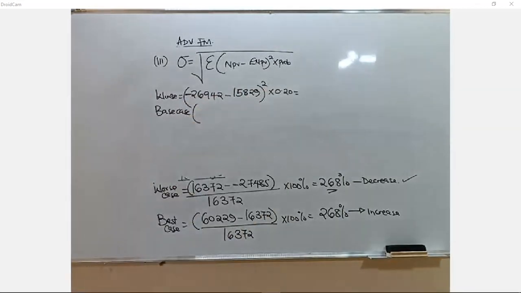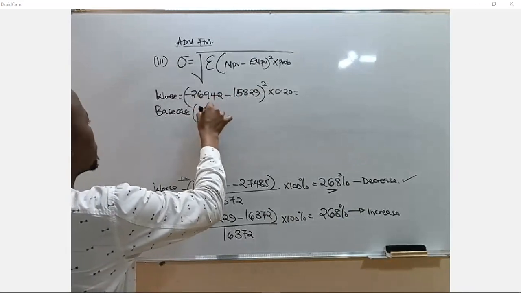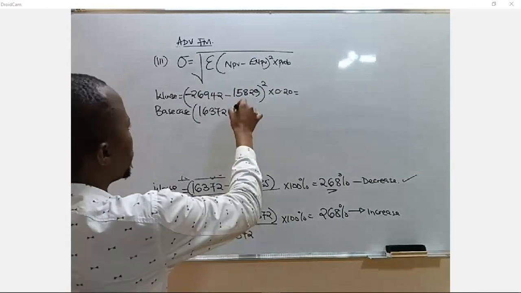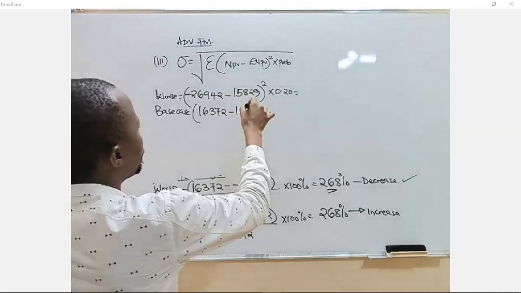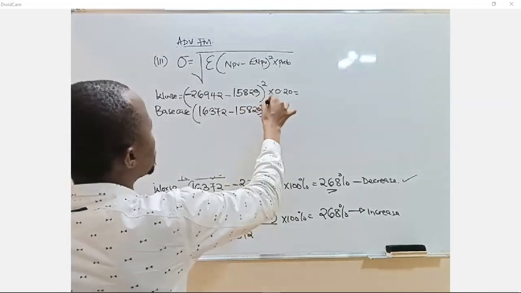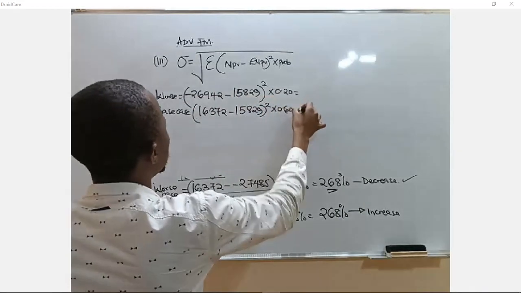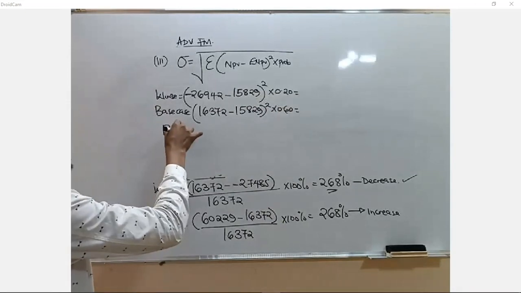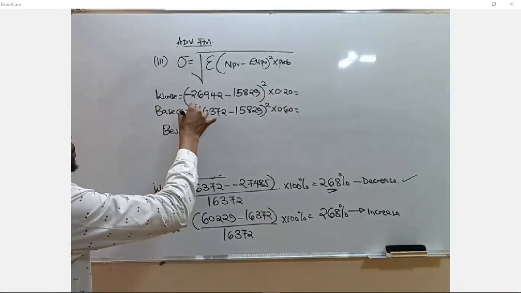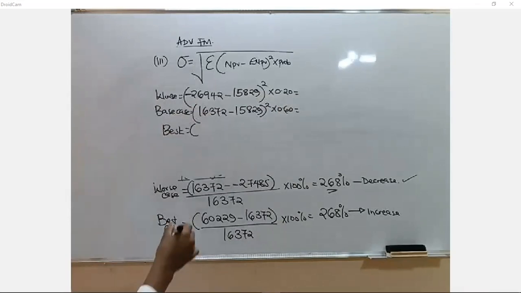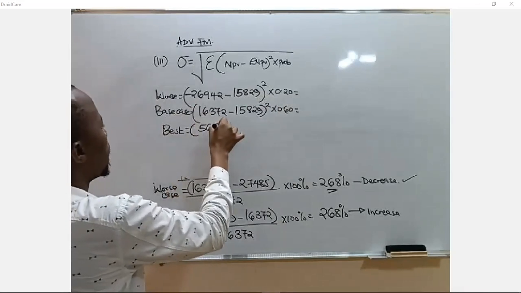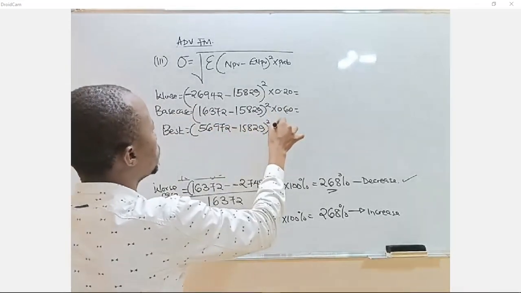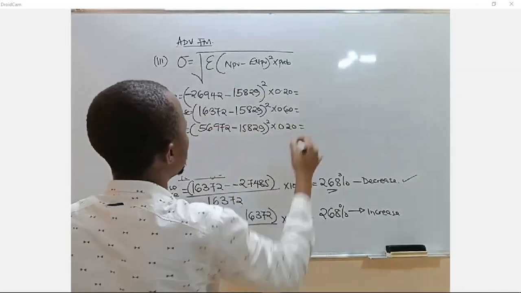The base case tulikuwa tumepata 16,372 minus 15,829, squared. Then you multiply by 0.60. Then the last one will be the best case. The NPV ilikuwa ngapi? The NPV ilikuwa 56,972 minus 15,829 squared. Then you multiply by 0.20, right?